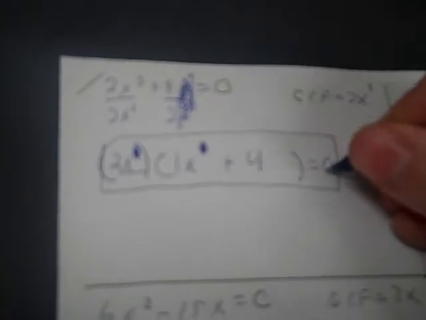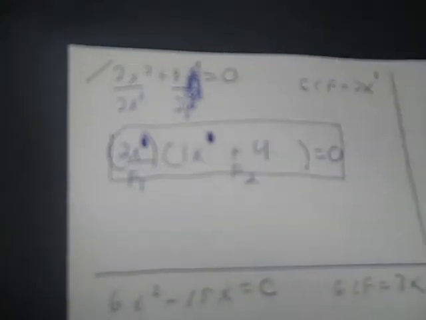Now, here's what you do after that. You need to put a parentheses around the outside of your own, and then write equals 0 behind it. Then I label each of these parentheses F1, that's called factor 1, and F2. And we come over here and we set each factor equal to 0.